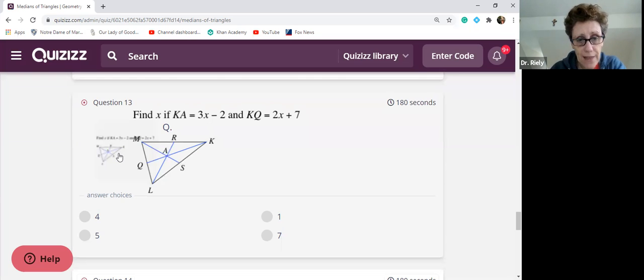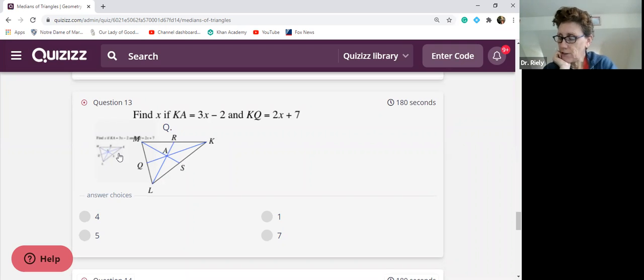Okay, that's your equation. Now, let's distribute the 2/3. So 2/3 times 2x gives me 4x over 3, plus 2/3 times 7 gives me 14 over 3. On the other side, I have 3x minus 2.